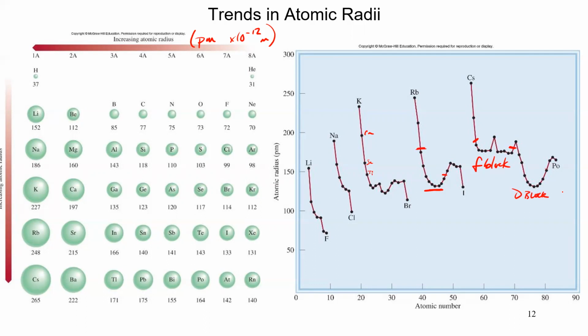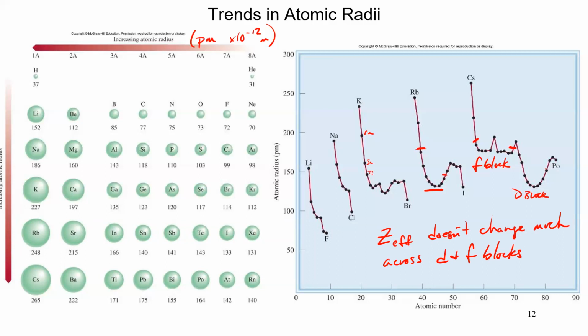Okay. The reason that those don't change a whole lot is because the Z effective does not change a whole lot across the D and the F blocks.